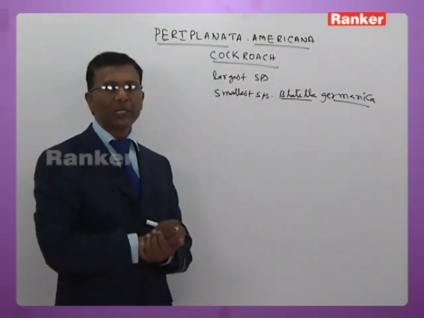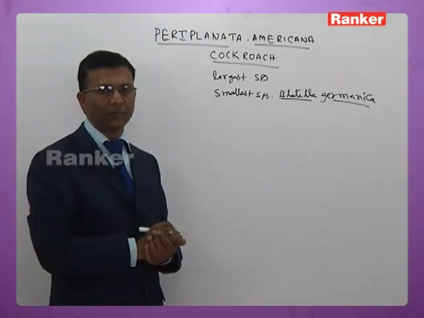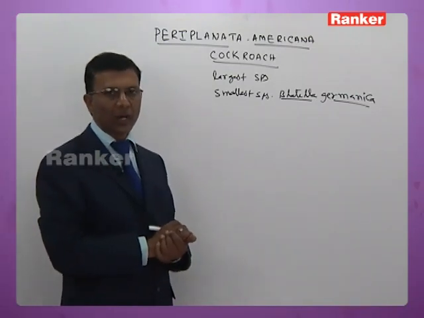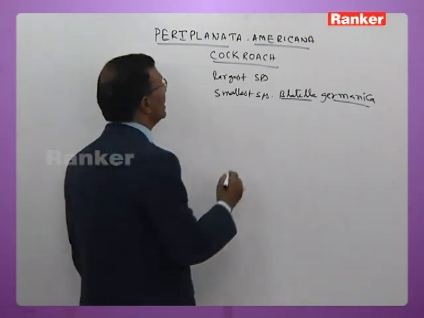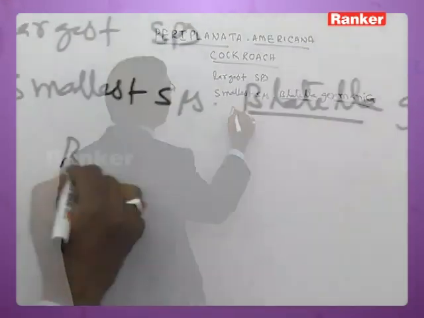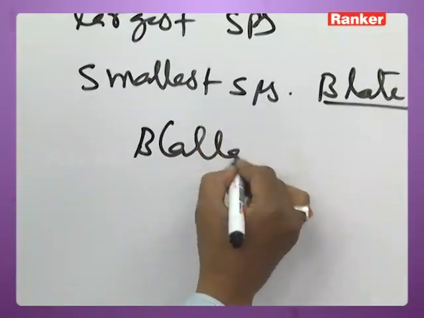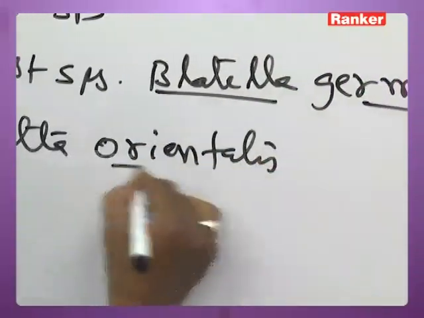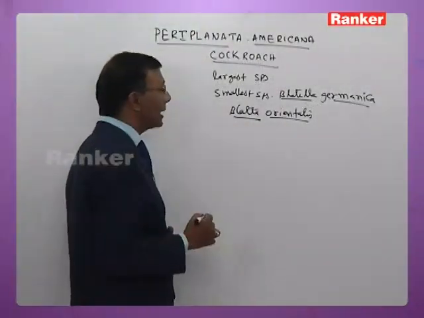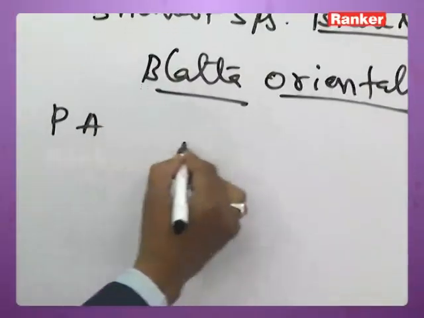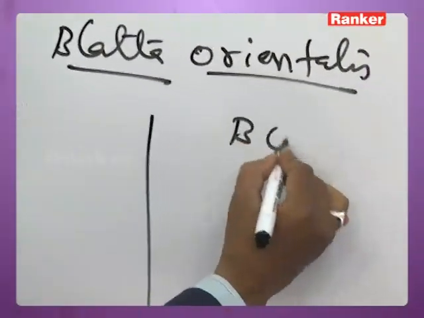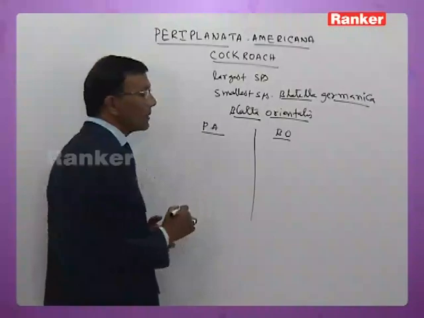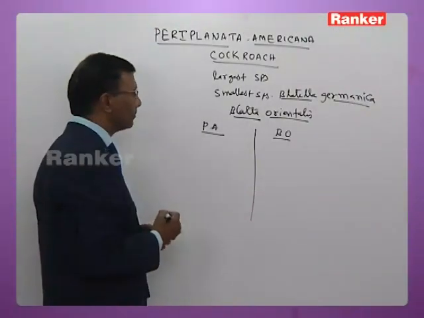The two common species of cockroaches found in and around the house in household areas are Periplaneta americana and Blatta orientalis.